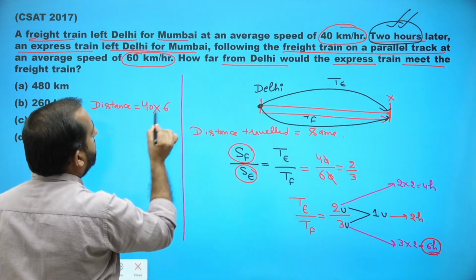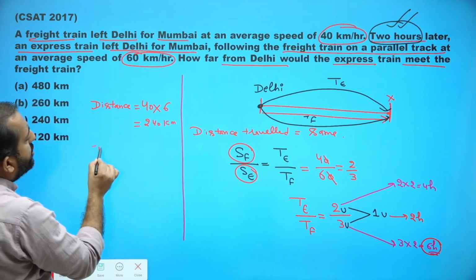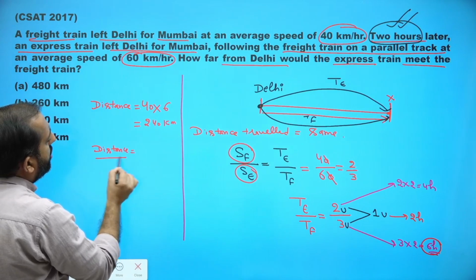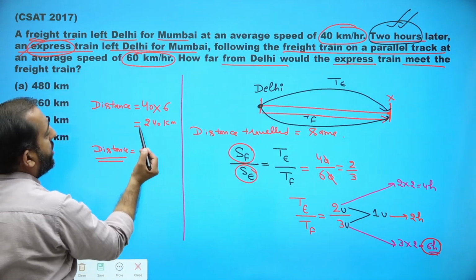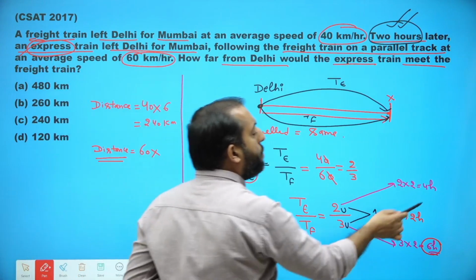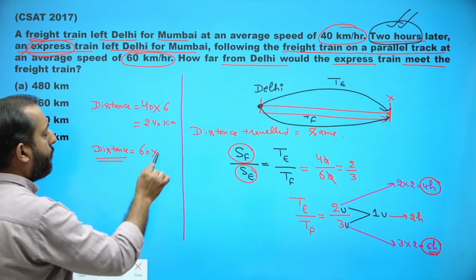It is 240 kilometers. Or what else you can do? You can find this same distance by using the speed of the express train also. Speed of the express train is what? 60 kilometers per hour into the time taken by the express train to reach that point, which is 4 hours.